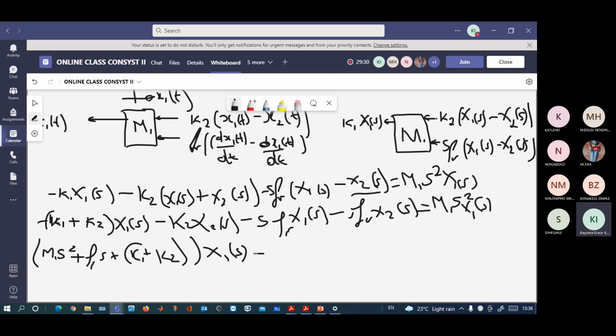Then we do minus, so we can take this one and this one also together, minus Fv s plus K2, and we close the brackets, X2 of s, and everything is equal to 0.